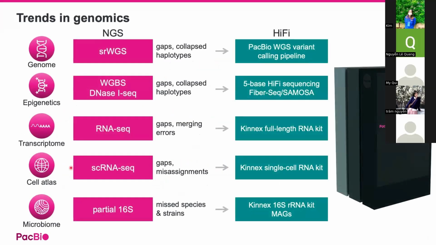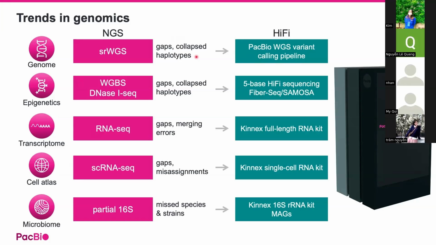Before I go into the microbial genomic side, just to reiterate some of the trends, not only on microbiome: with our current HiFi sequencing, we can generate whole genome sequencing data without gaps from a lot of the structural variations and repeat expansions that were not able to be sequenced properly on short read sequencing.